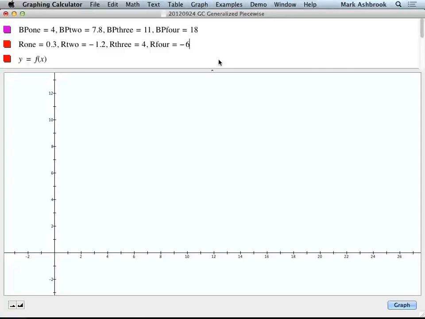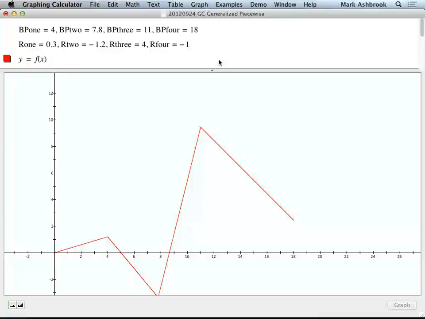So by specifying the breakpoints and specifying the rates of change, if I hit graph, it will graph the resulting graph. Right? So this one always starts at 0, 0. So the first breakpoint is the end of the first interval. Second breakpoint is the end of the second interval. So you see that here we are at 4, and the rate of change in that first interval was 0.3.